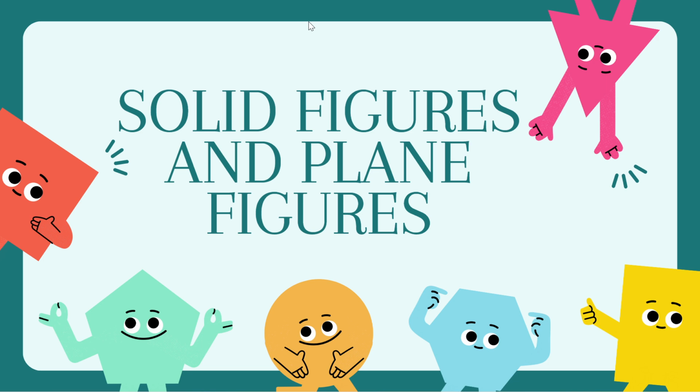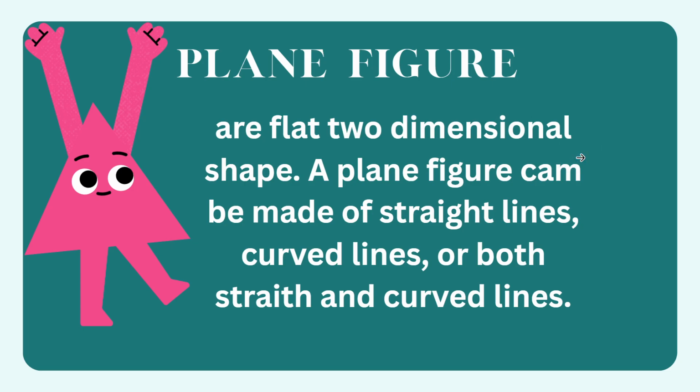Today, we're going to talk about two important types of geometric figures, the solid figures and plane figures. Plane figures are flat, two-dimensional shapes. A plane figure can be made of straight lines, curved lines, or both straight and curved lines.